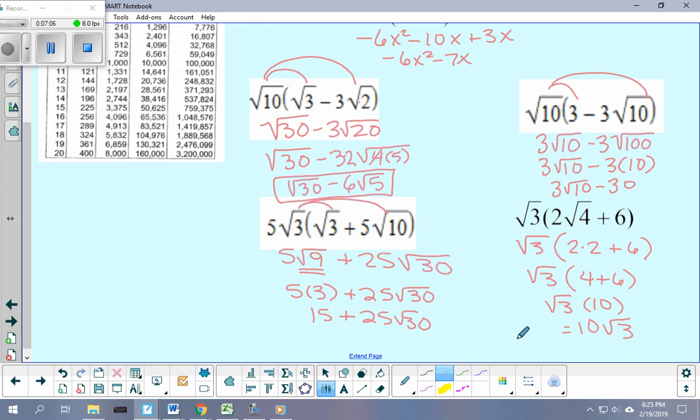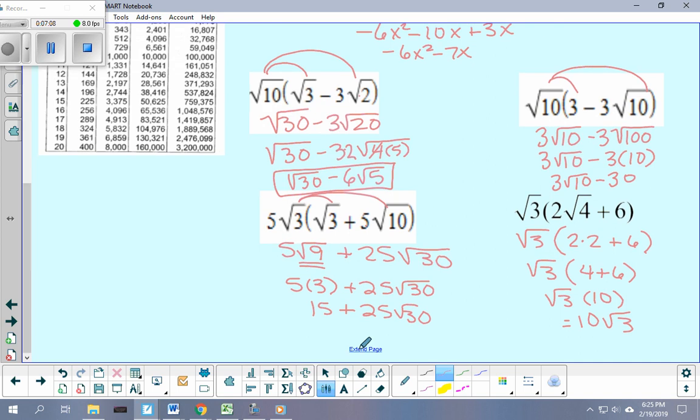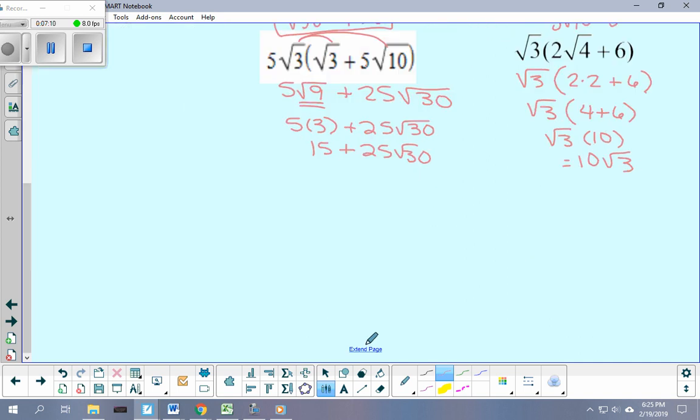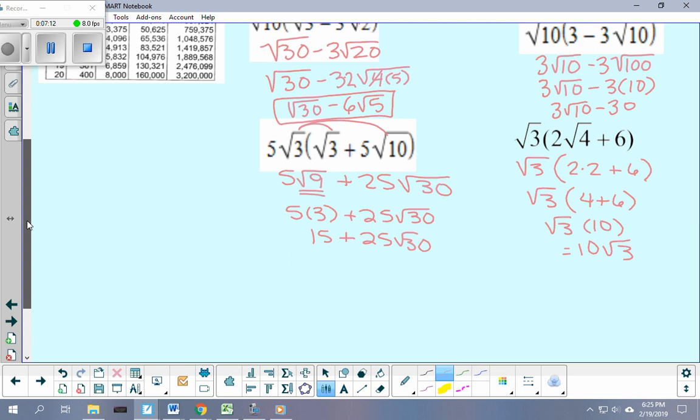Now, with that same problem, we also could have just distributed first. Let me move that up here. And so we would have 2 times the square root of 3 times the square root of 4 is 12. Plus 6 times the square root of 3. And at that point, we look at our perfect square factors.